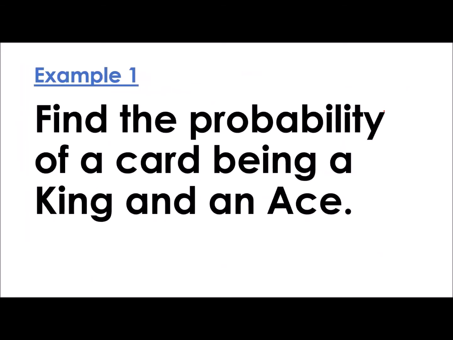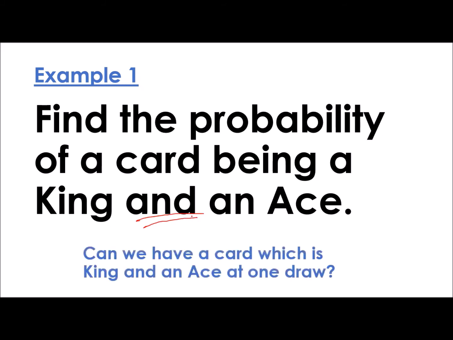Let's try it in a problem solving. So find the probability of a card being a king and an ace. The conjunction here is and. Analyze it. Can we have a card which is king and an ace at one draw? Meron ba tayong itsura ng card na pagka binunot mo, king siya at the same time ace?